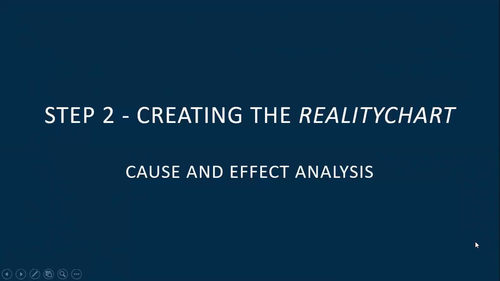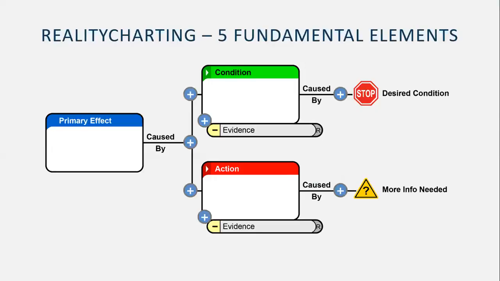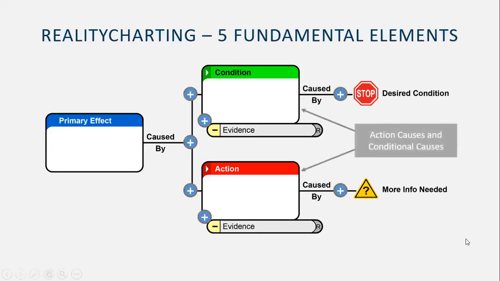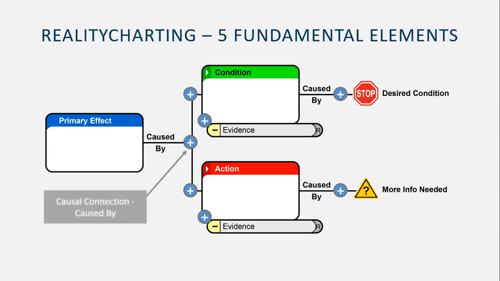So step 2, continue creating the reality chart. Cause and effect analysis. So there are basically 5 fundamental elements to the chart. The primary effect. Then we have the action and condition causes, 1 of each at a minimum. There's usually going to be more than 1 of each, but at a minimum, we want to identify at least 1.